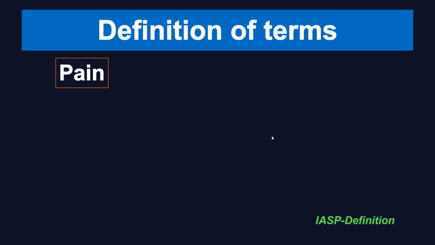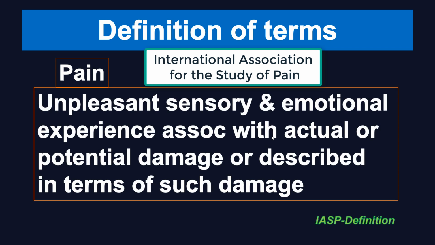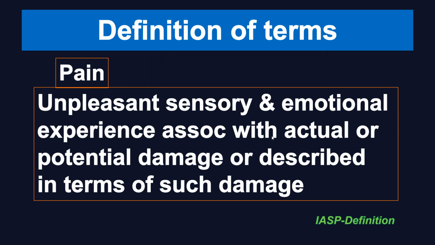Let's put all this together by looking at the standard pain definition as given by the IASP. It says pain is an unpleasant sensory and emotional experience. Nothing new here, we've talked about this at length. Now, this experience can be associated with actual or potential tissue injury or described in terms of such damage. Very often when there is pain, we expect to see tissue injury, and for the most part, this is the case. And then in some cases, such as neuropathic pain disorders like BMS, there may not be evidence of injury, and these patients will only describe their pain in terms of such damage.